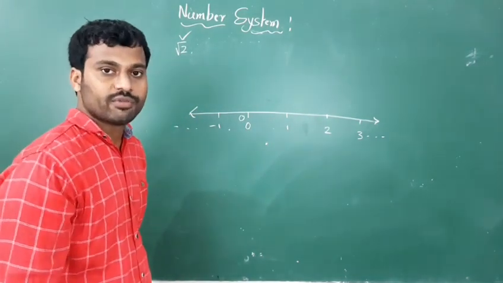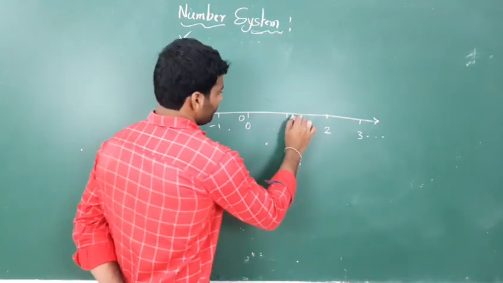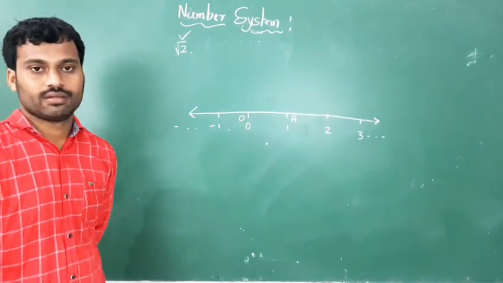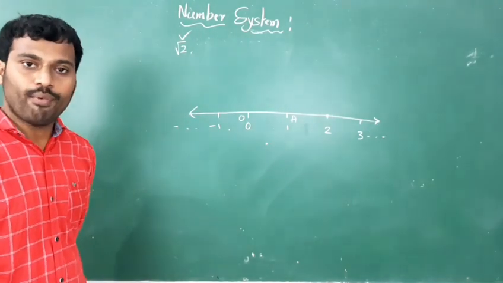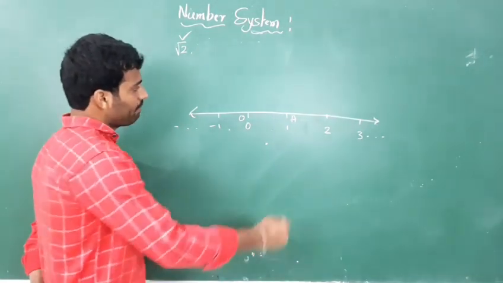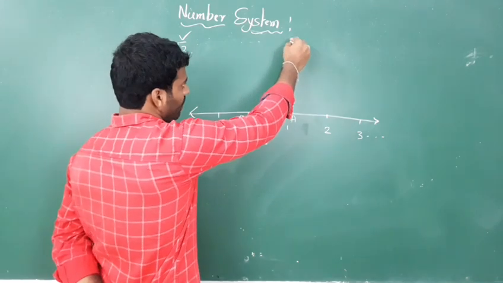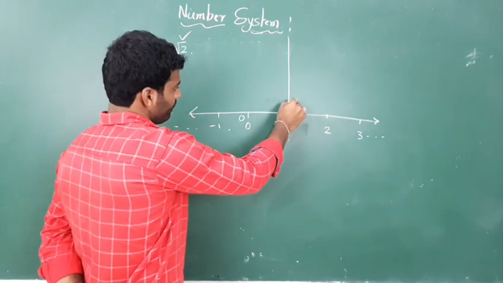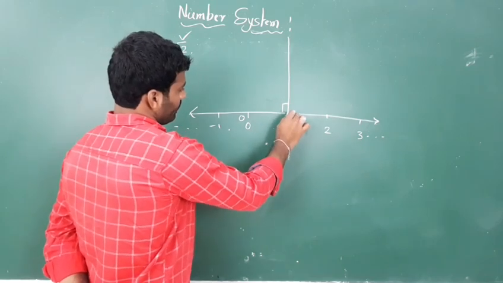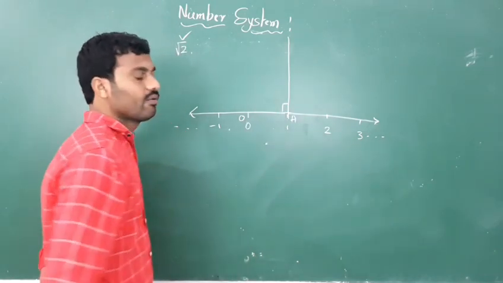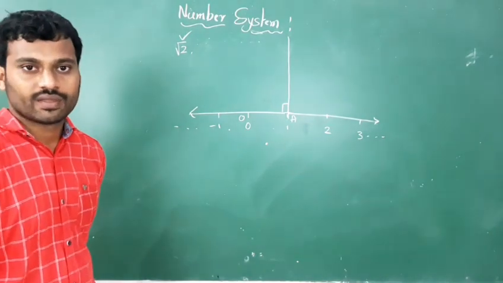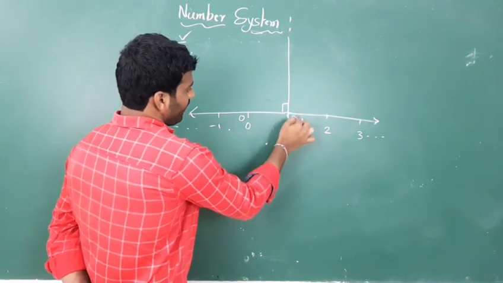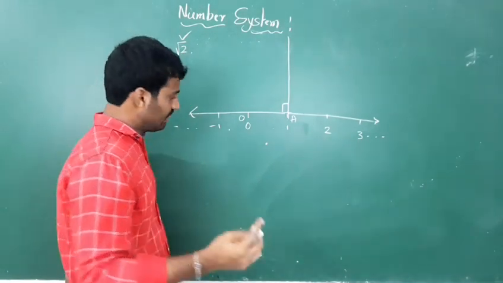From there to 1 unit you consider. That is point A. From that point you draw a perpendicular line. The same length, whatever from O to A, 1 unit, it is the length 1 unit.